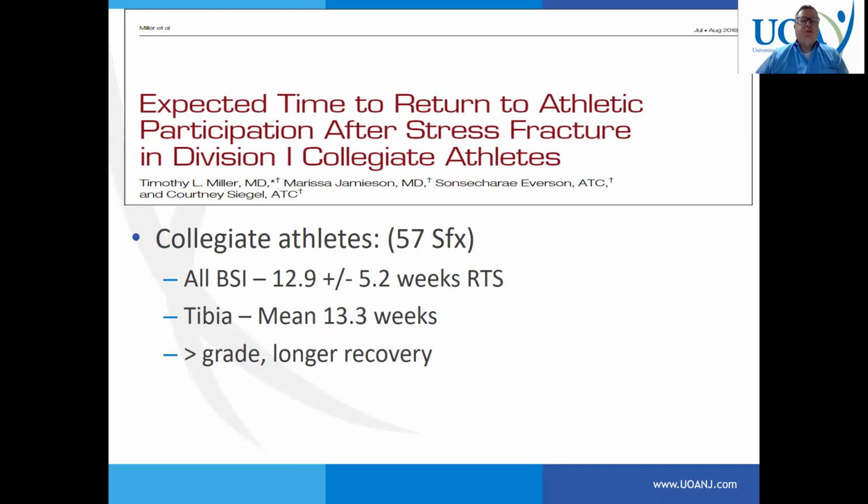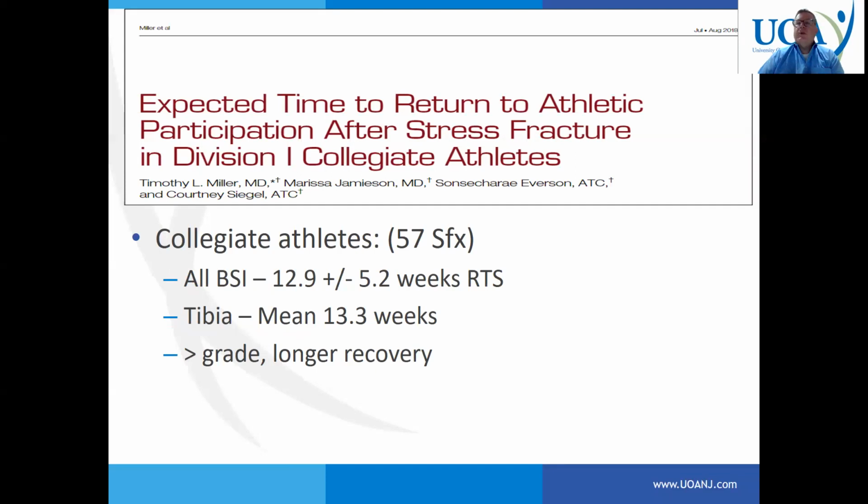All bone stress injuries took on average 12.9 weeks to return to sports. The tibia was 13.3 weeks. Depending on the grade, there's a longer recovery period. So the mean is 13 weeks. It may be 20 weeks for somebody with a true stress fracture or a grade 4 bone stress injury.